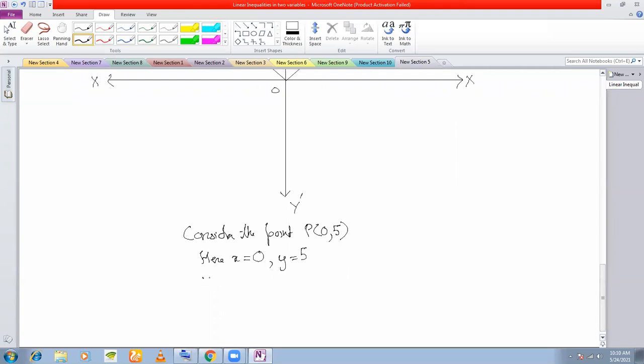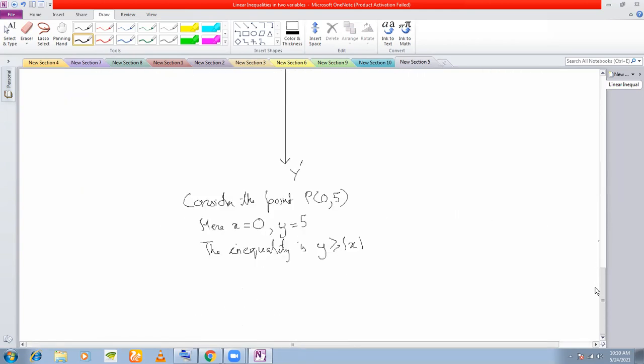Now the question that you're going to ask is: the given inequality is y greater than or equal to mod x, right? That was the given inequality. Put the value of y: 5 greater than or equal to mod 0, that is 5 greater than or equal to 0.